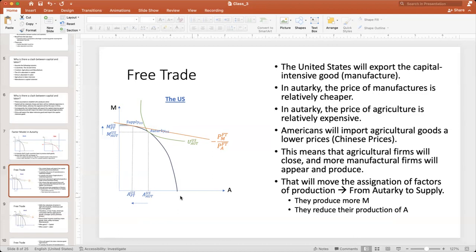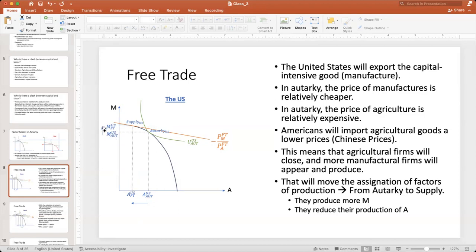So the firms within the agricultural sector that are not competitive are closing their production because they cannot compete with the lower prices of China. They are going to fire workers and sell the capital that they are using. Given that we need to produce more manufactured goods because we are specializing in this type of product, these firms need to demand more labor and more capital.